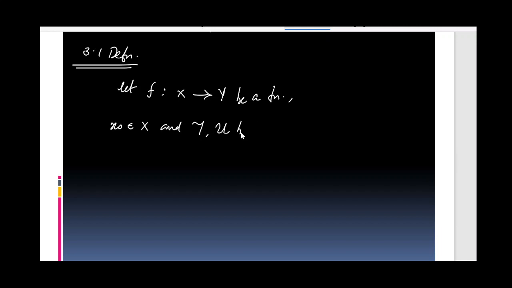Let f from a topological space X to a topological space Y be a function, and x naught belongs to X, and script T and script U be topologies on X and Y respectively.